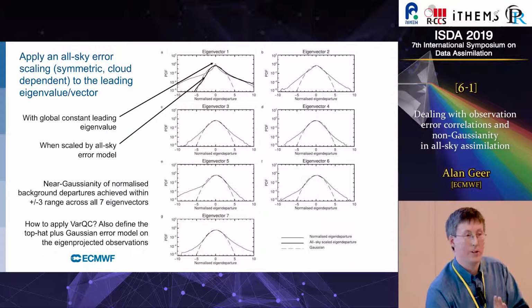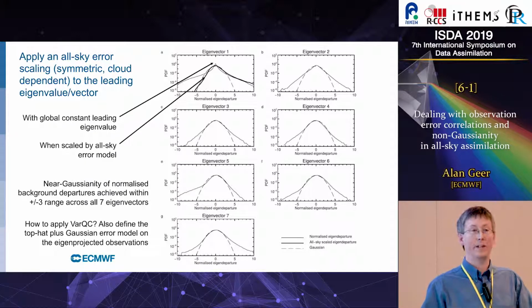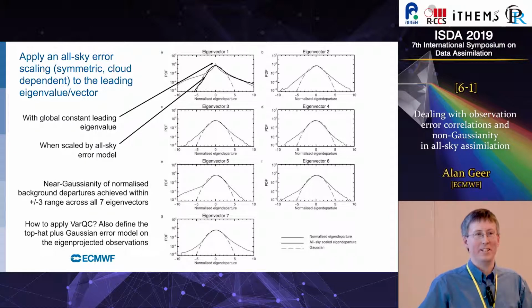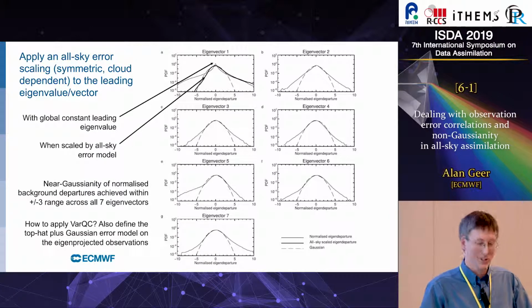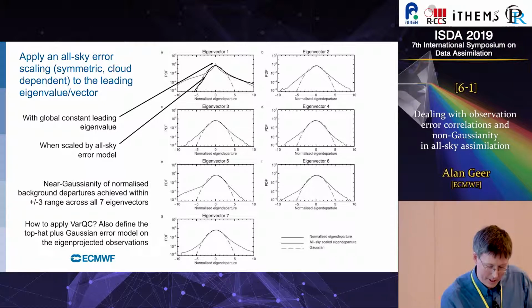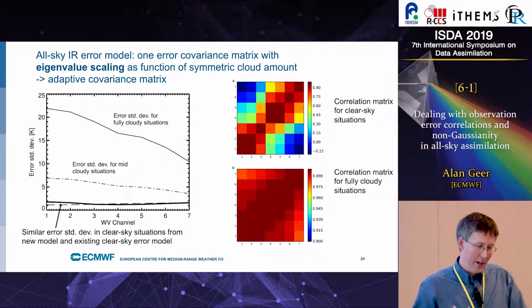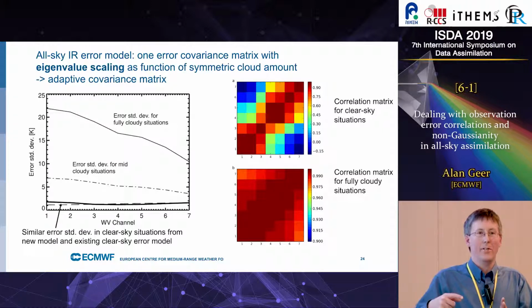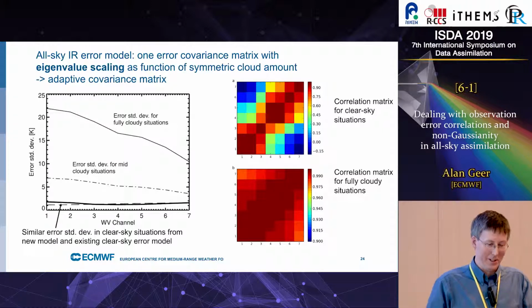VAR-QC, well, what you do with VAR-QC is you just apply your top hat plus Gaussian error model in the eigen basis and not on normal observation departures. It's actually quite trivial, but it just works. So now we've got an error covariance matrix which is globally constant, but the leading eigenvalue is being scaled depending on the presence of cloud.